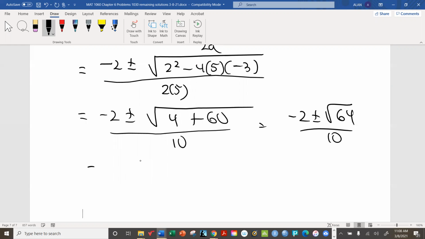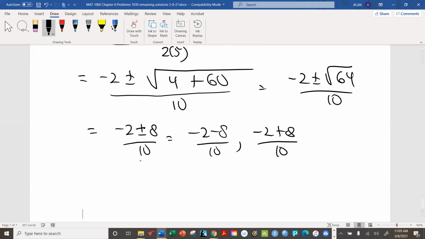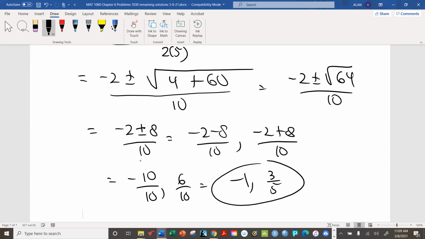So we actually have here -2 plus and minus 8 over 10, which we can rewrite as -2 minus 8 over 10, comma, -2 plus 8 over 10. So then, of course, that gives us -10 over 10, comma, 6 over 10. And then we can simplify these as -1 and 3/5. And that's much nicer, isn't it? Yes, it is.